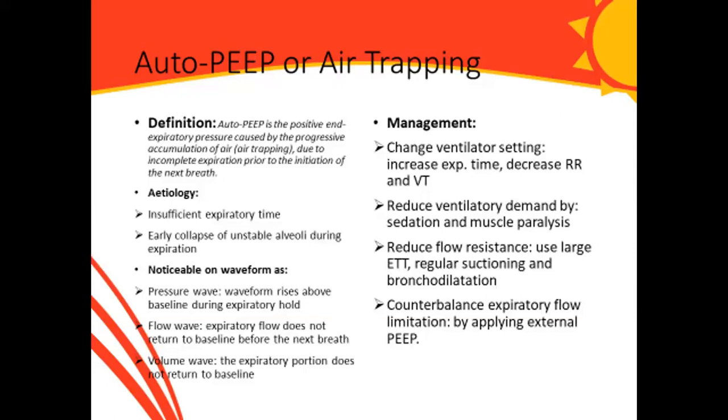But when there is progressive accumulation of air in the alveoli, it's called air trapping, and this makes exhalation inadequate prior to the initiation of the next breath. So before the breathing is switched from expiration to inspiration, you still have some air trapped in the alveoli.